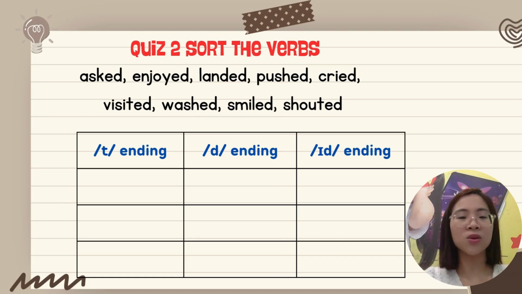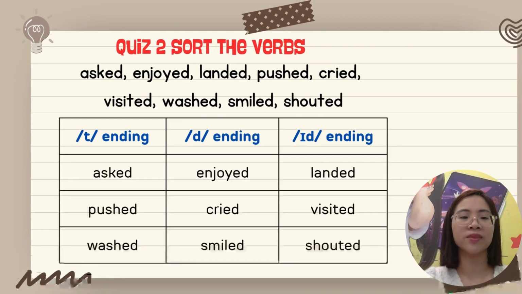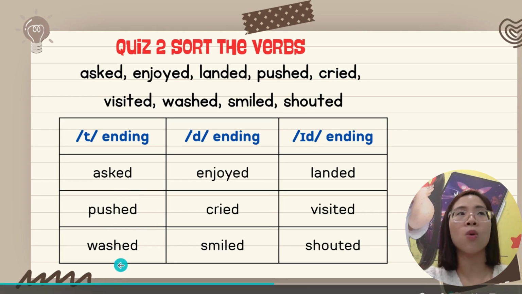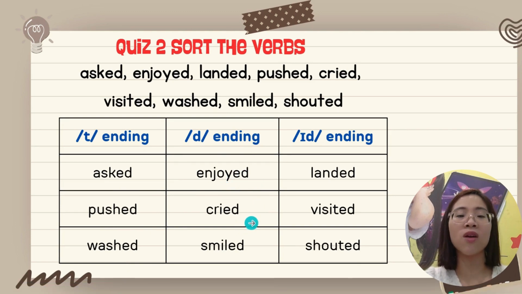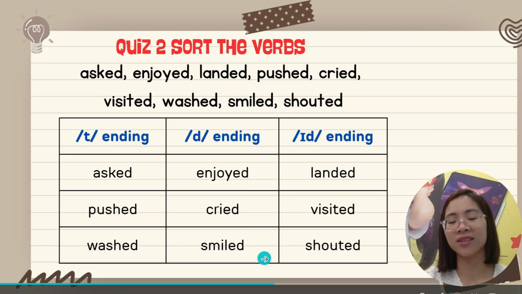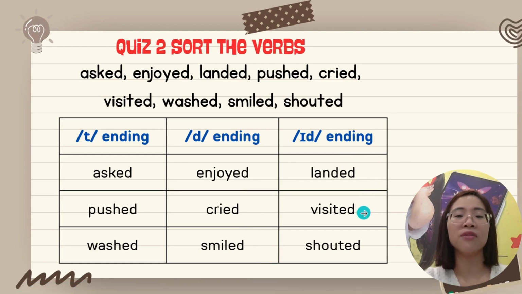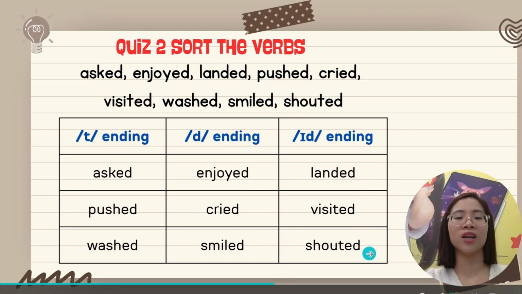Great job! Now let's check the answers. The t ending we have asked, pushed, watched. The d ending we have enjoyed, cried, and smiled. And the id ending we have landed, visited, and shouted.